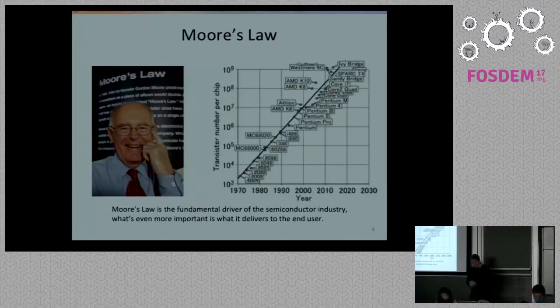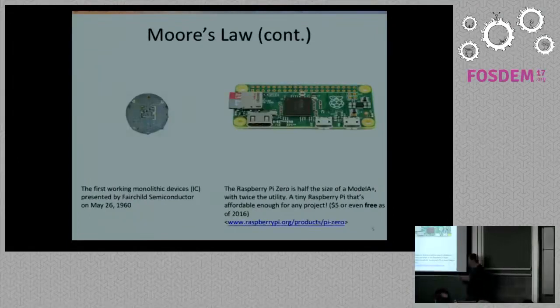You might be aware of Moore's law, which is basically the realization by this guy, one of the founders of Intel, that roughly every 2 years the number of transistors in a chip doubles. And this has driven the industry for quite some decades. But what's really important is what it delivers to the end users. If you go back in time, one of the first monolithic ICs in the 60s by Fairchild had basically 4 or 5 transistors.